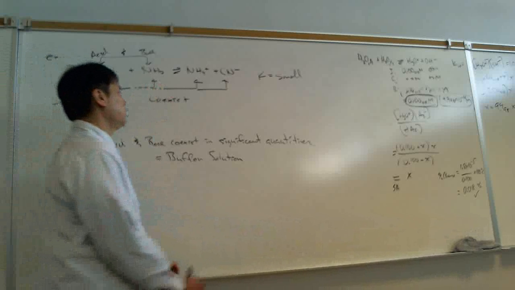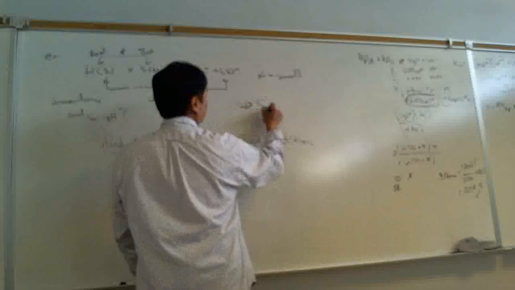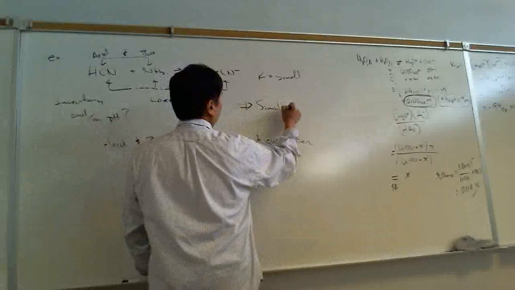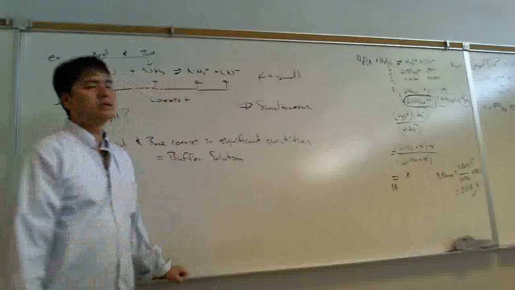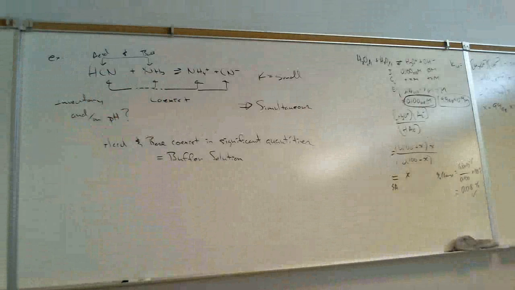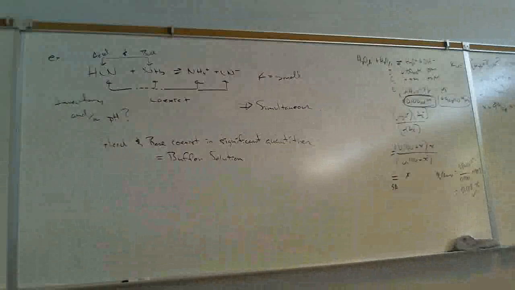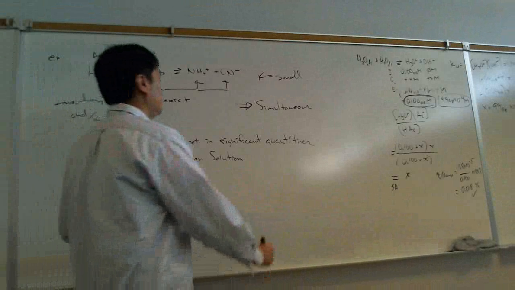And what ends up happening is we have to do these simultaneously. So it's not just a simple stoichiometry problem where the acid neutralizes the base neutralizes the acid. It's more involved, and so this is simultaneous.